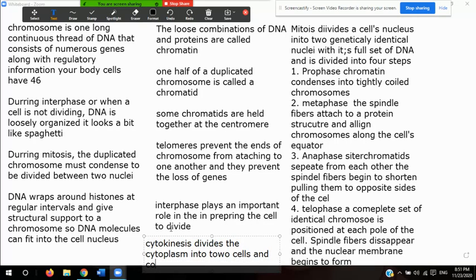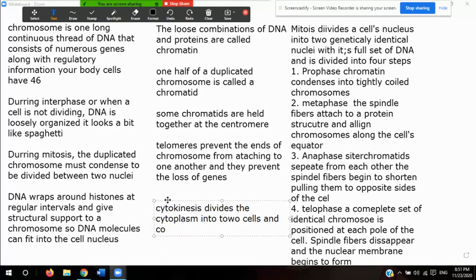Let's see if I can move that. I think I can move that out here. All right. So again, cytokinesis divides the cytoplasm into two cells and completes a full stage of the cell cycle.